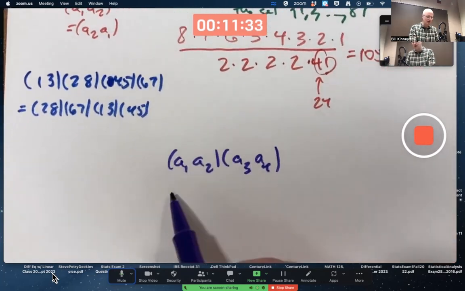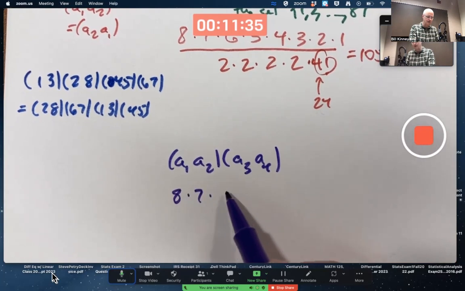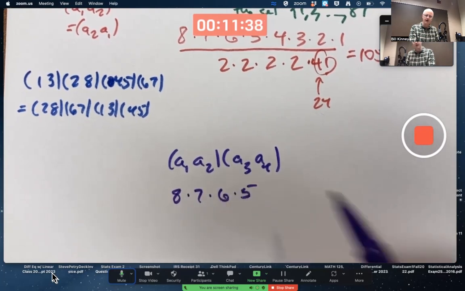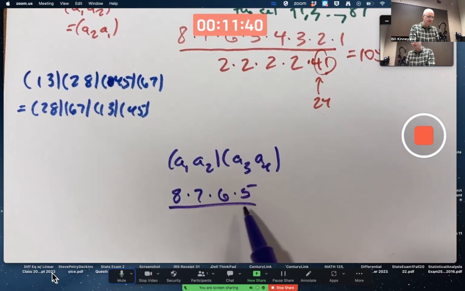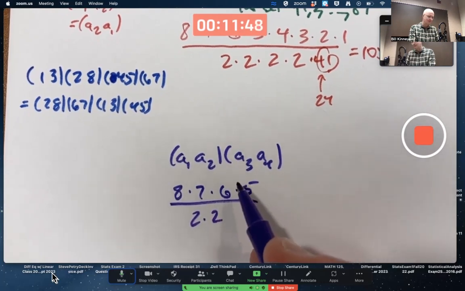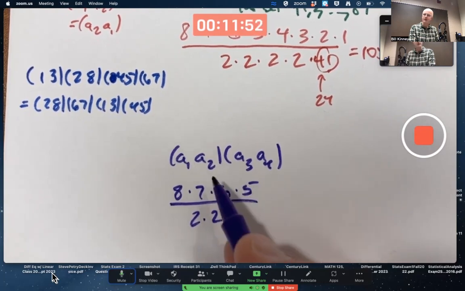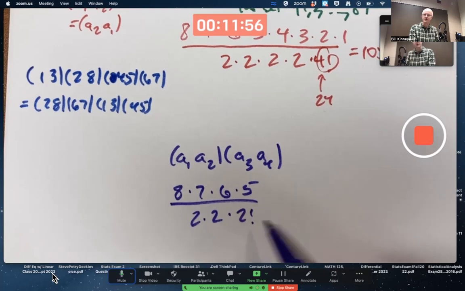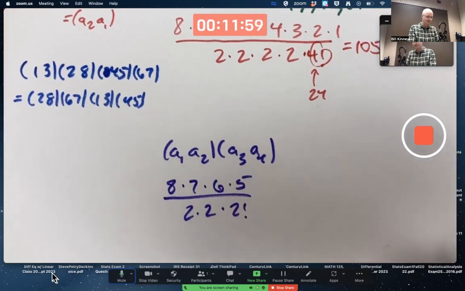Once again, you've got 8 choices for A1, 7 for A2, 6 for A3, 5 for A4. But for each one of those 2 cycles, there's 2 ways of writing it. And also, these things can be written in either order. We also need to divide by 2 factorial, which is, of course, 2 as well. 2 times 2 times 2 is 8.